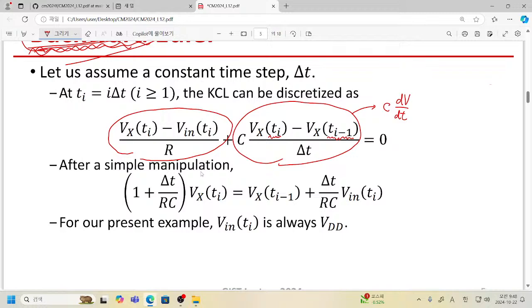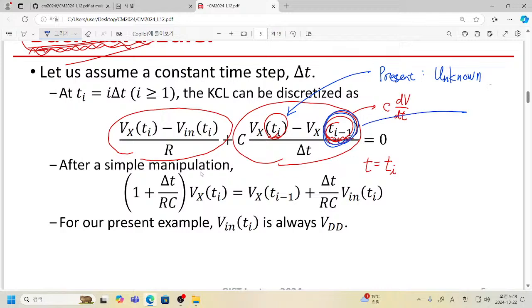Although we are evaluating this equation at t equal to t sub i, we take the present value and the past value, and this is important: the present is taken as unknown, and the past value is taken as a known value.